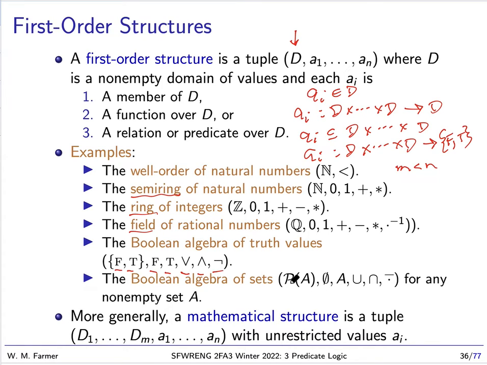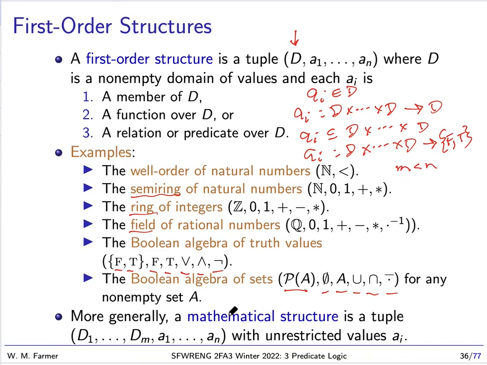We also can have a Boolean algebra of sets, where this is the power set of A, the set of all subsets of A, the empty set, the whole set, and then we have union, intersection, and set complement. And we get a different Boolean algebra of sets for every non-empty set A.